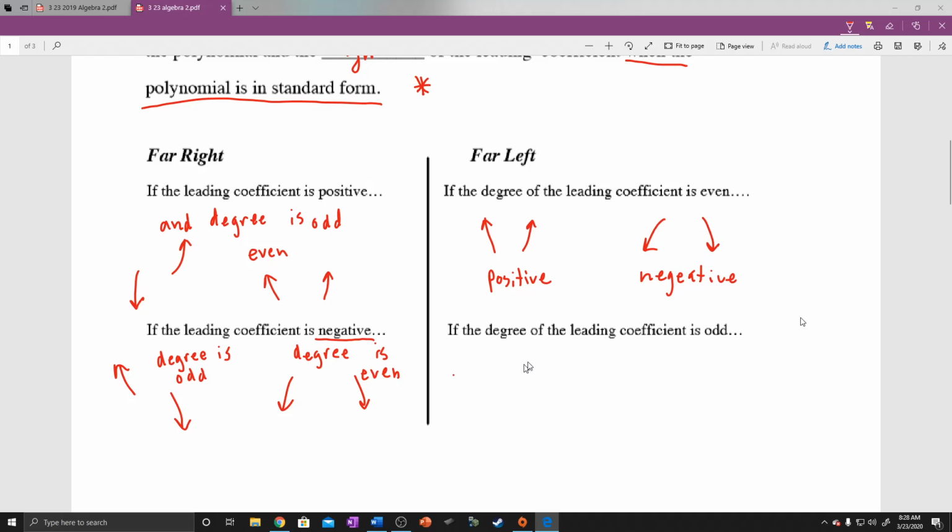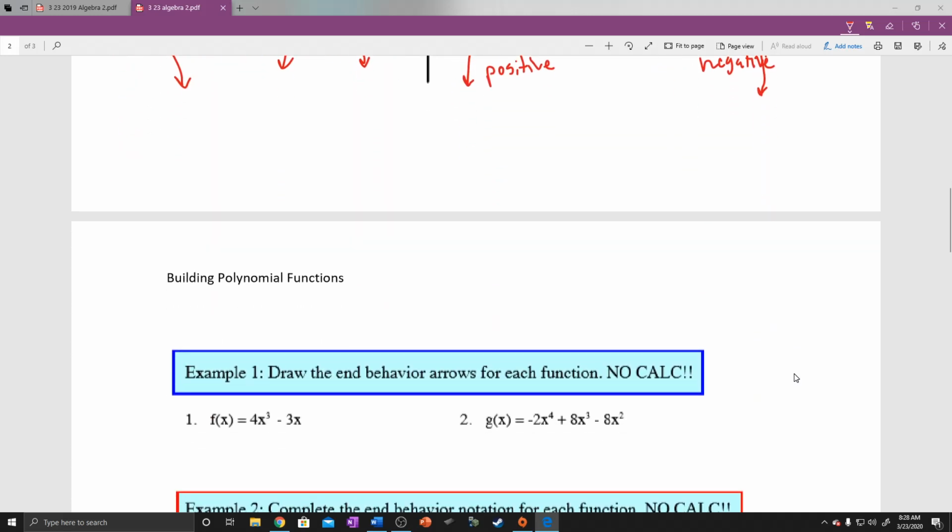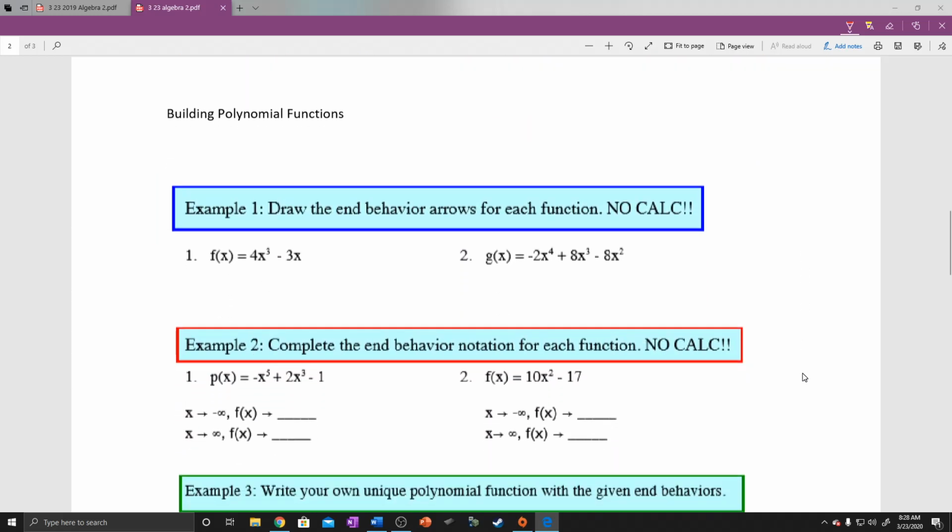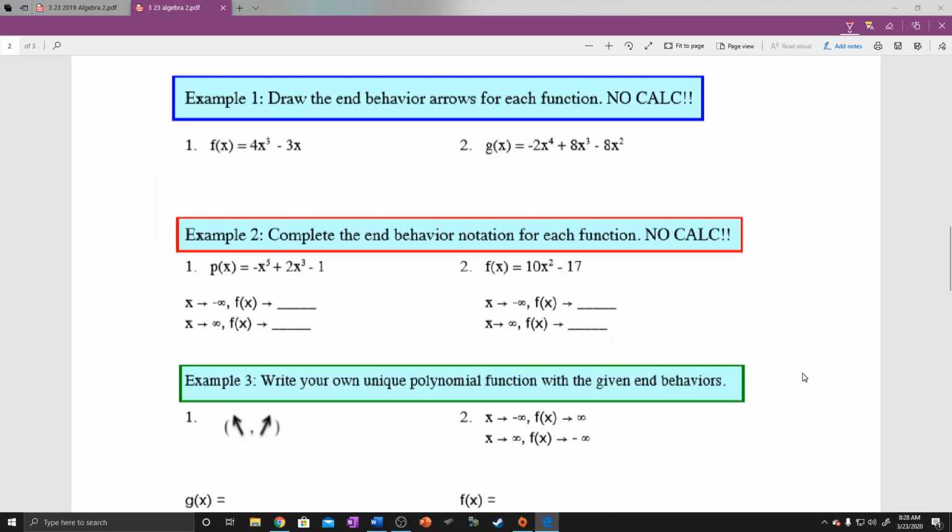If the degree is odd, you're going to have down, up for positive, and up, down for negative. And again, pause the video if you need to copy these notes down. Now we're going to look at some examples.